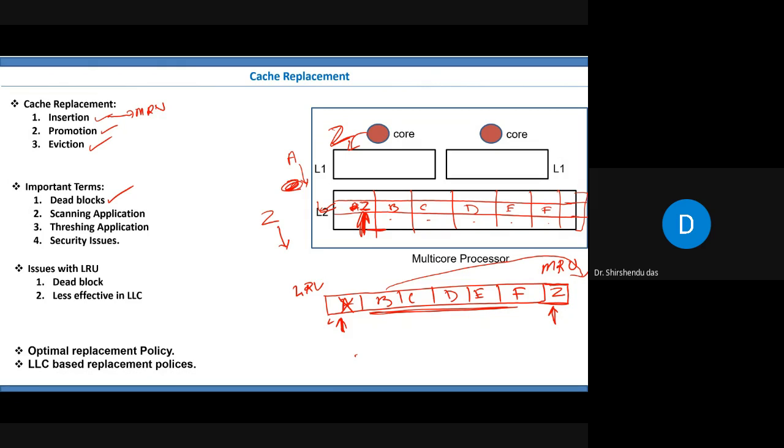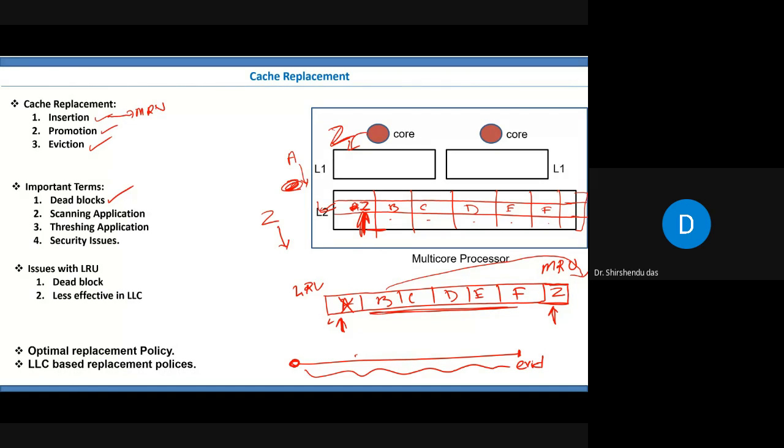Suppose this is the current moment and at some later moment it will be evicted from the cache. In this duration, this block will never be accessed again by the core. If this is true, then that block is called a dead block.